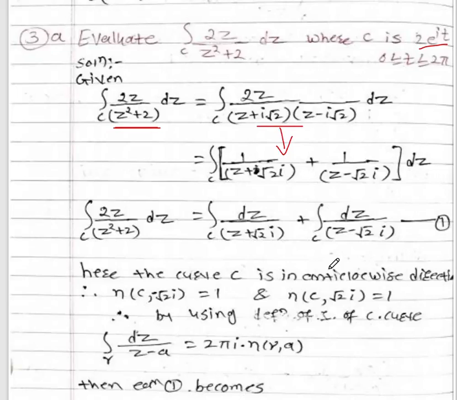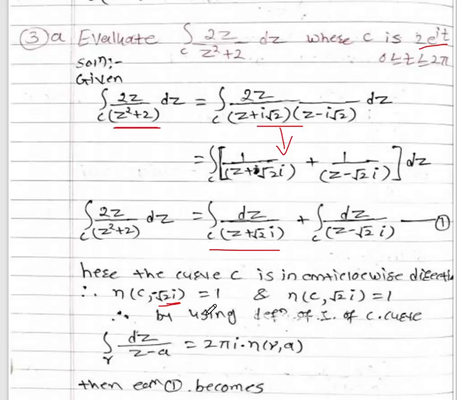Therefore the index of a closed curve for the first integral, where a is minus under root 2 i, and for the second, a is under root 2 i. So the index of closed curve C at the point minus under root 2 i equal to 1, since this lies inside the circle where the radius is 2.